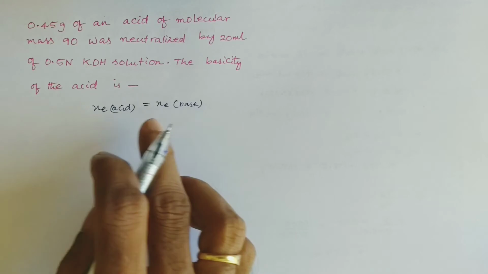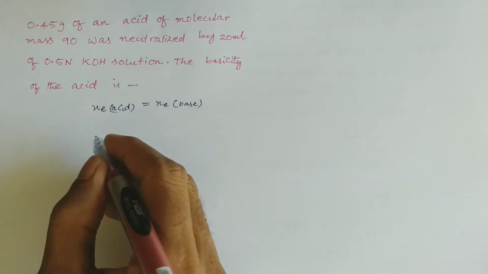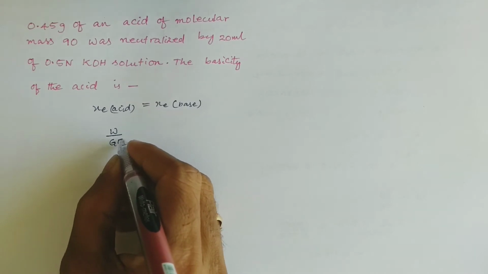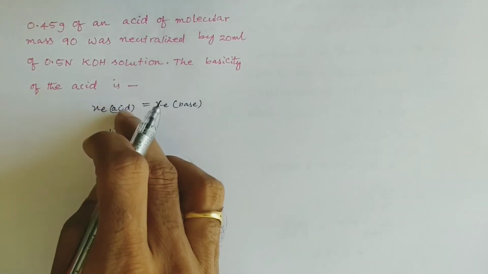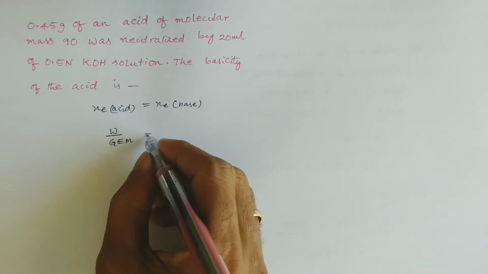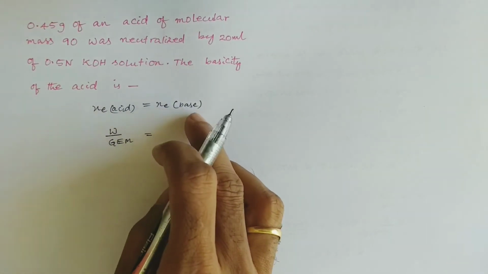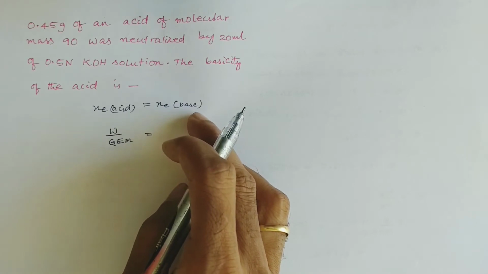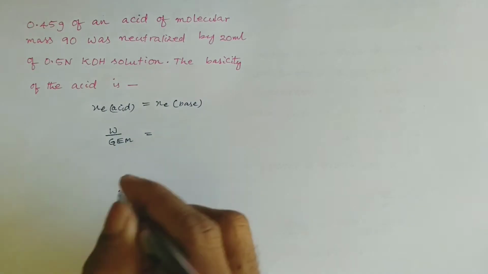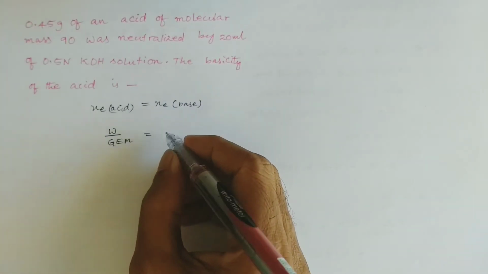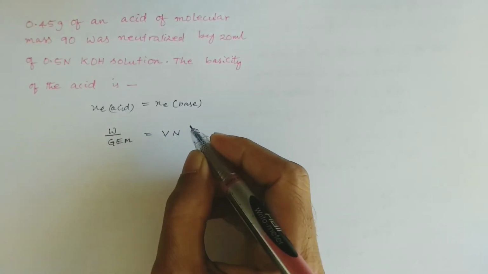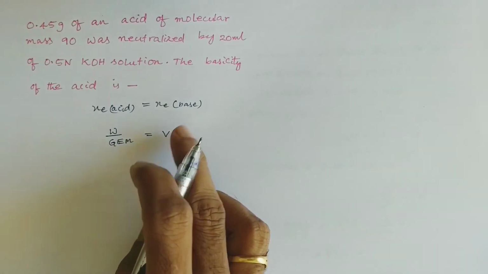So for number of equivalents of acid, we can write mass by gram equivalent mass. Number of equivalents of base is equal to volume into normality, because here volume and normality are given. So volume into normality will give the number of equivalents of base.